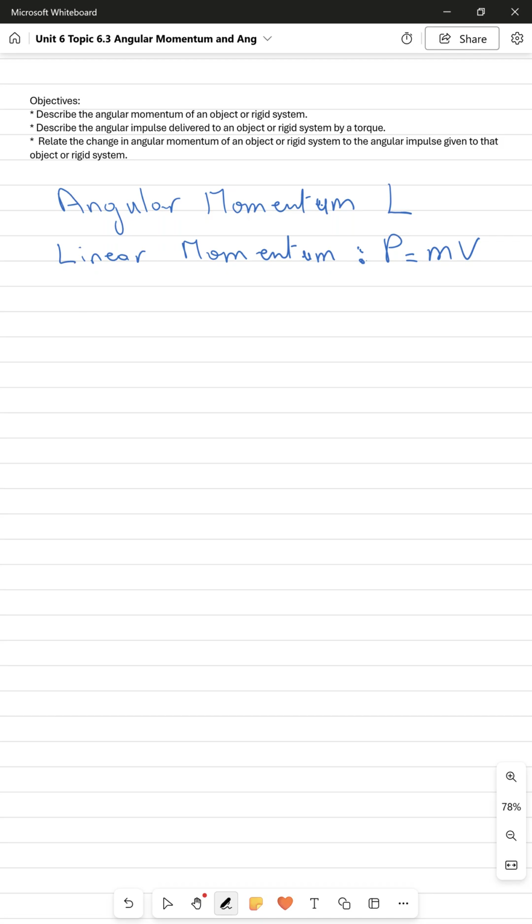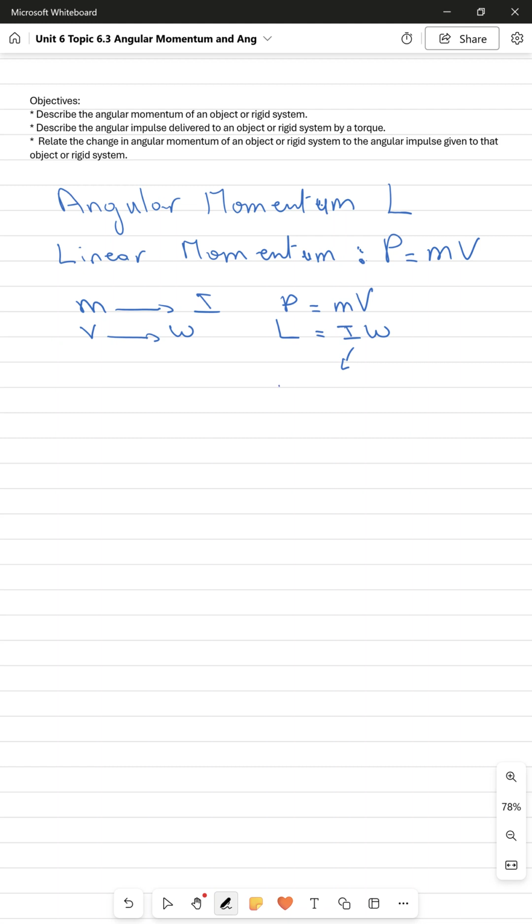Now, as we know, M became I for rotation and V became omega for rotation. So here it was P equals M times V, then the angular momentum will be equal to I times omega.